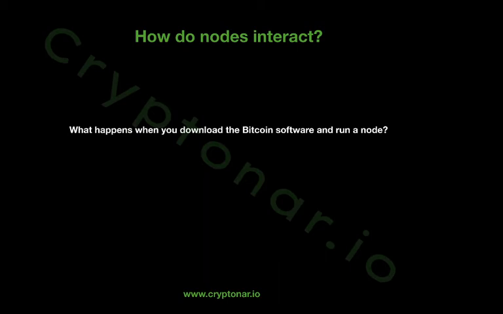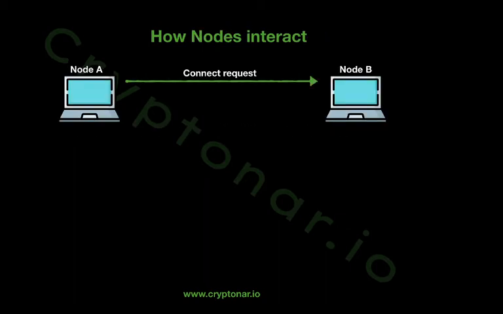And also, okay, what happens when you begin to have your node? What would happen when you download the Bitcoin software? Well, after you download the software, you have your node. Then your node is gonna try to connect to another node, so it's gonna begin to talk with the protocol and say, hey, show me the nodes that are near here.